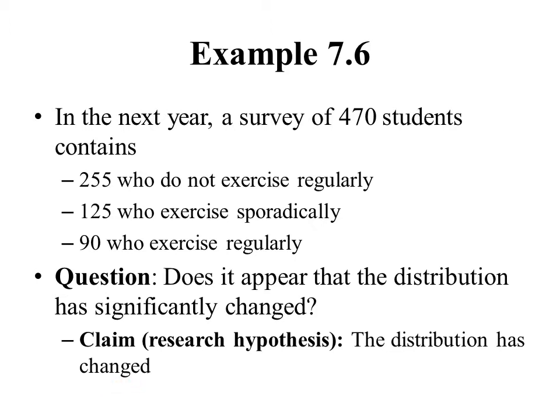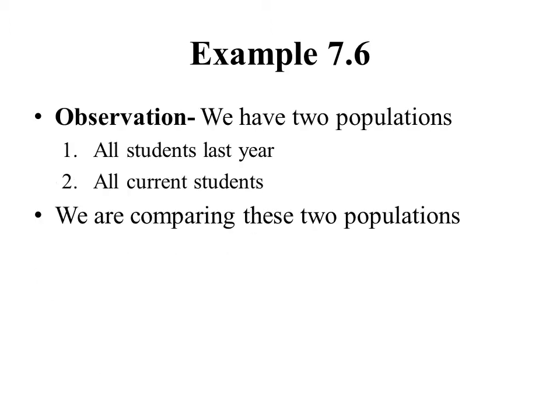Now, just based off the given data, it's hard to tell if the distribution has changed or not. But it seems kind of reasonable to believe that it has changed from one year to the next. Just how much or how it has changed, we're not sure yet. But we're just going to claim that the distribution has changed.